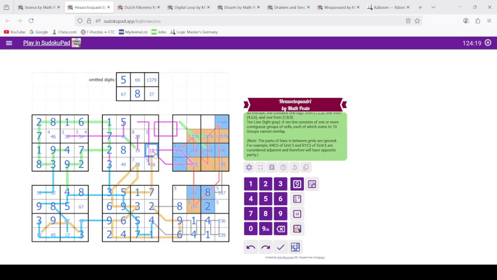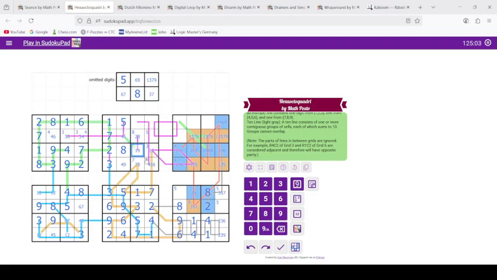If this were a 3, then this would be missing a 9. Because if this were 9, 8, 7, that would have to be a 4.